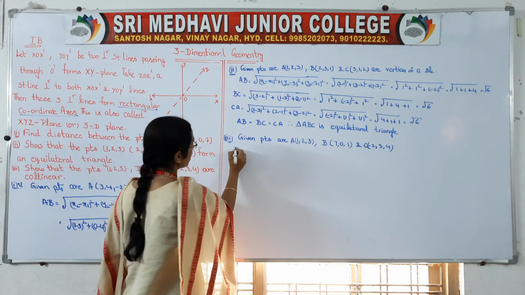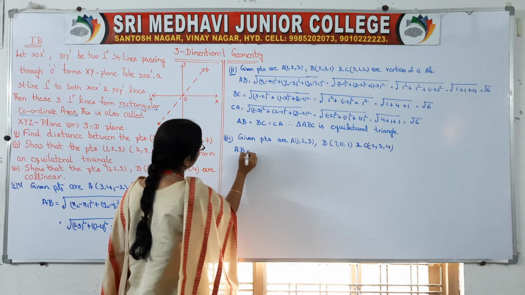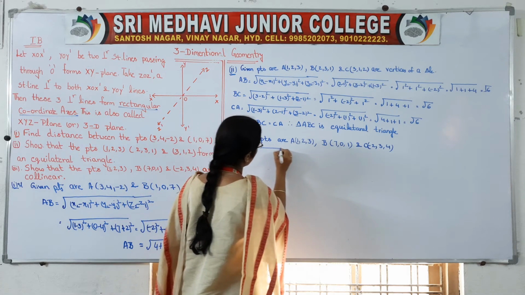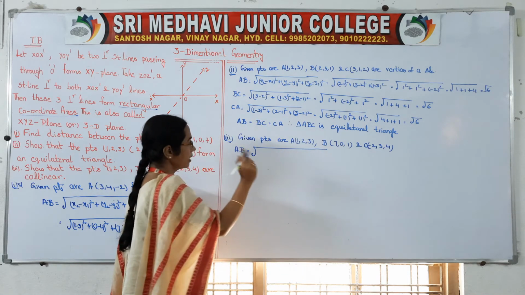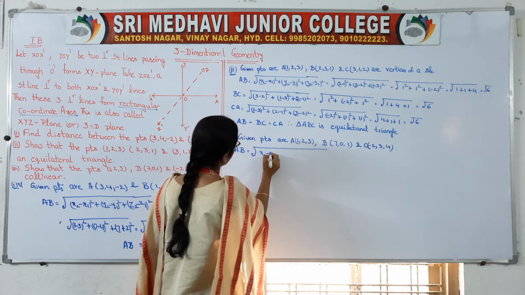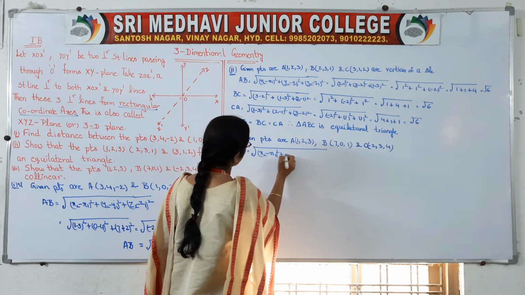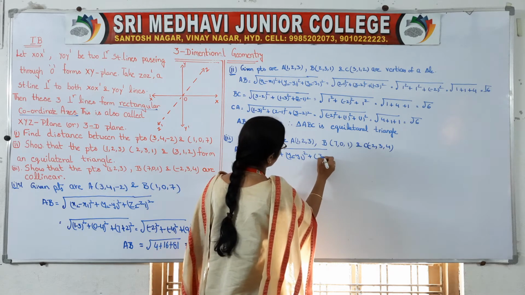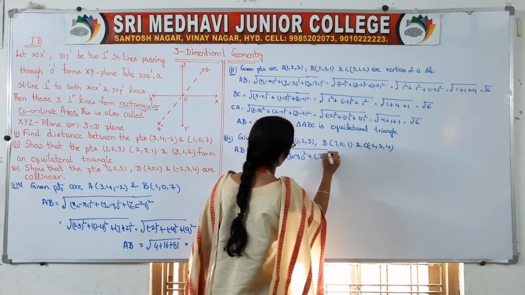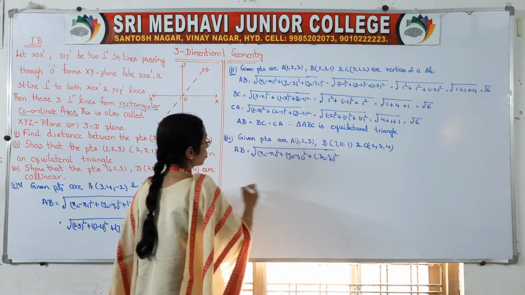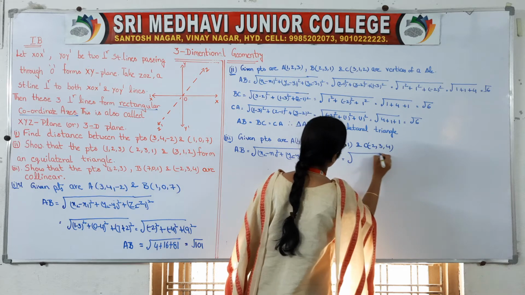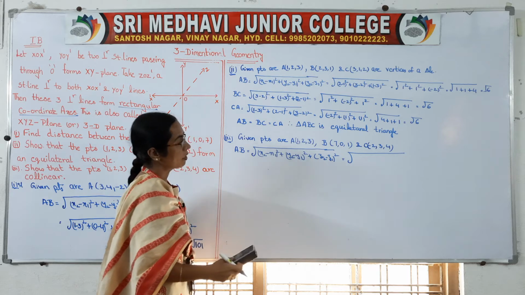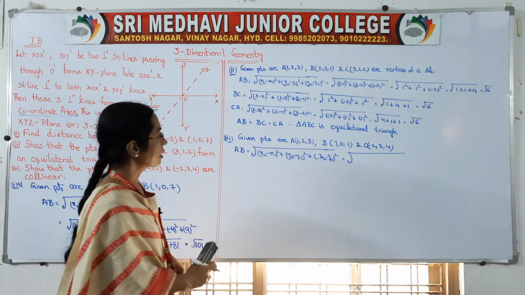So first find out AB. The first time you find the length between 2 points, you write the formula; after that there is no need to write it each time. The formula is root of x2 minus x1 whole square plus y2 minus y1 whole square plus z2 minus z1 whole square. Consider A as x1, y1, z1 and B as x2, y2, z2.